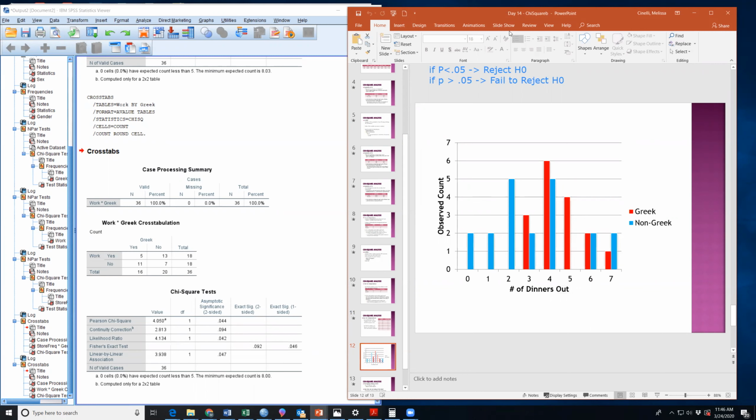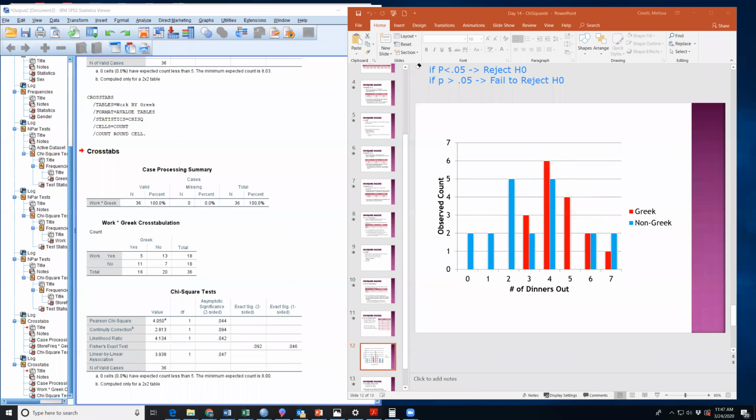And we can sort of get a feeling here that this data suggests that the Greek students may be going out for dinner more often because all of these red bars are sort of clustered over on the right-hand side of the chart, whereas the blue bars have more of a normal distribution. There's a lot of answers in the middle, fewer answers at the extreme ends, and all the Greek students' answers are pushed over to the right. So it suggests that maybe Greek students are more likely to be going out than non-Greek students.